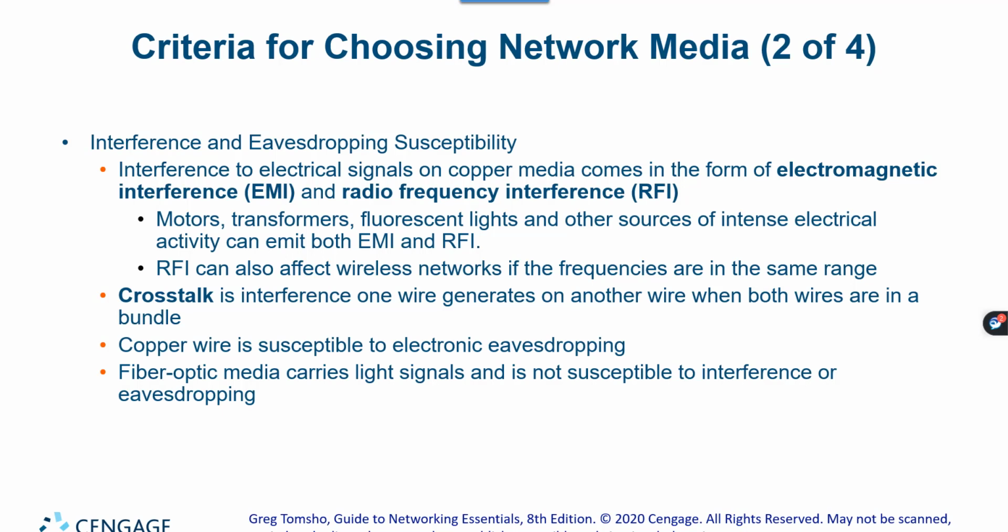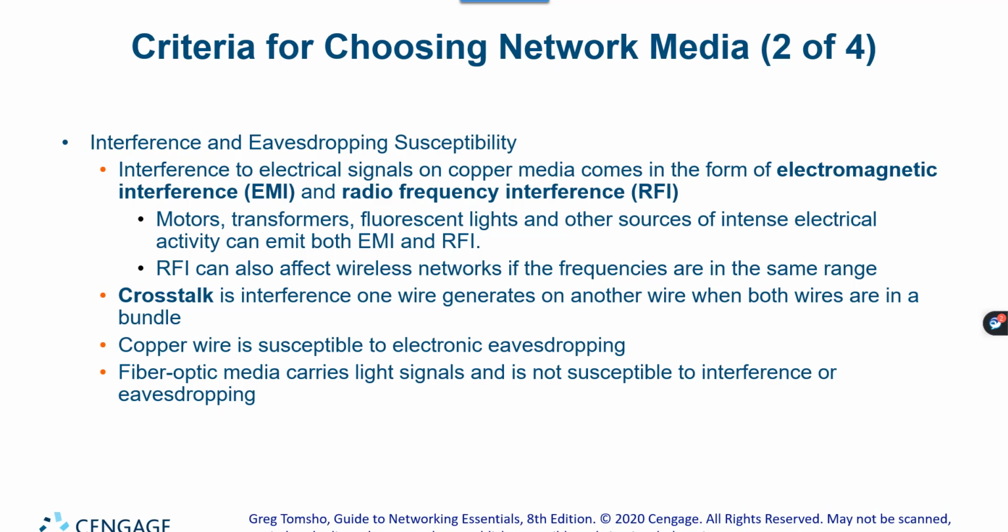Interference to electrical signals on copper media comes in the form of electromagnetic interference and radio frequency interference. So what happens is we have all of these magnetic fields out in the world, and when they impede on the media, they induce current on the media, and they mangle our signals.